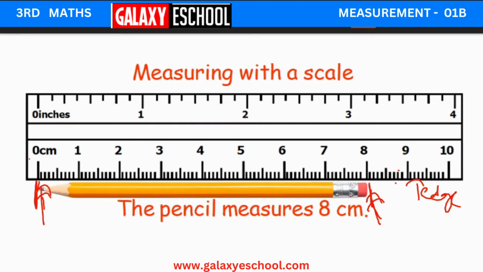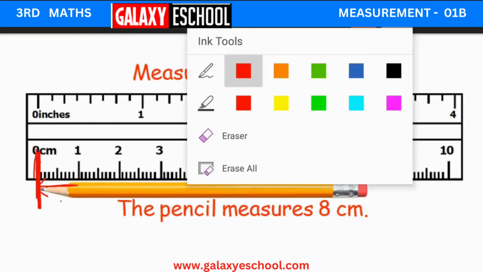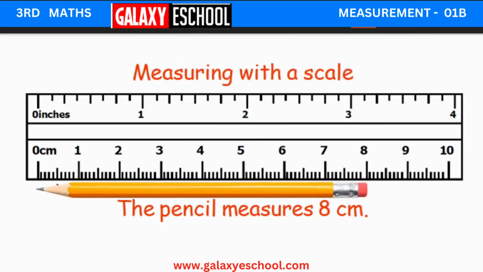Now we have to make sure that zero of our scale, here 0 centimeters, and you are able to see this line. Understood? You are able to see this line, right? So this line should coincide with one of the end points. Coincide. It should be in the same line. The end point of the object and our 0 centimeter line, the both should be on the same line. That is called coinciding.